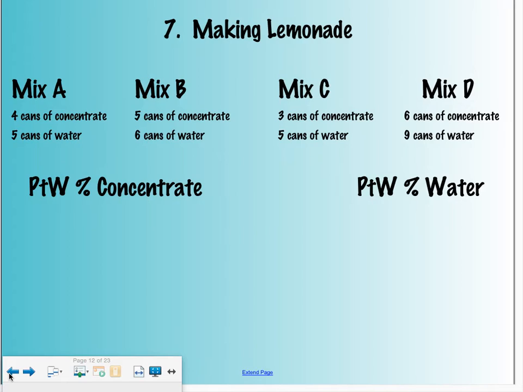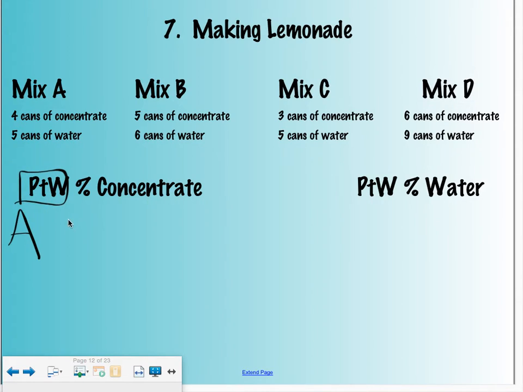Concentrate. All right, so we're doing percent concentrate and percent water. So that would be part to whole. Okay, percent concentrate. So for A, if I want percent concentrate, I have to have a part to whole.